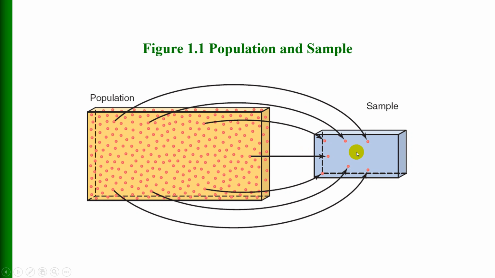So this is a sample. A sample is a small portion of the population. You see population contains a large number of elements, whereas this sample contains only 1, 2, 3, 4, 5, 6, 7 elements. So it's a part of the population.